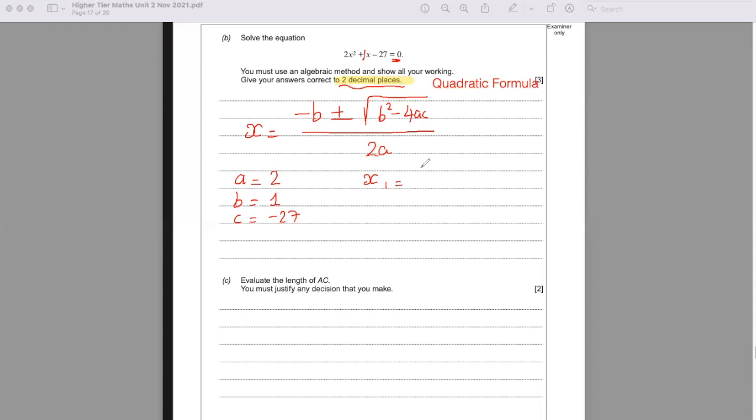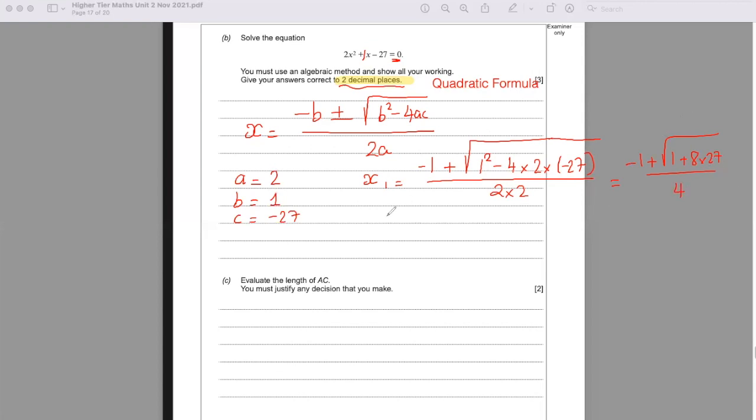So I always write that down. So x1 will be minus 1 plus square root of 1 squared, take away 4 times 2 times minus 27, and that is divided by 2 times a, which is times 2. And that will be minus 1 plus square root of 1 plus 8 times 27, and over 4.